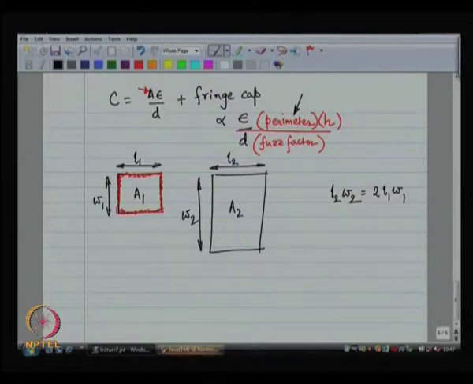There also needs to be a perimeter relationship, which basically tells you that twice of L 2 plus W 2 is equal to twice of L 1 plus W 1. So, you have got two equations, two unknowns, you can solve for L 2 and W 2. There is a unique answer, okay, to do this.